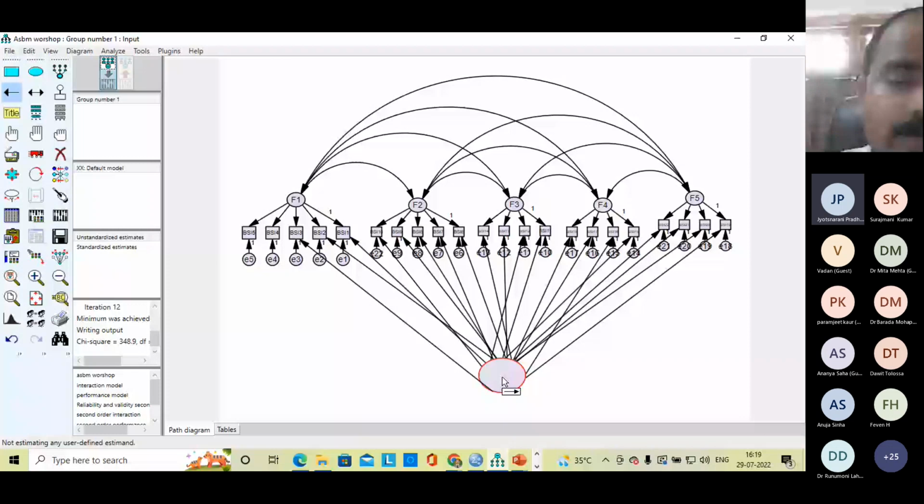At that time, it is not a problem. But whenever you are relating construct to indicator, the arrow mark should go from construct to indicator. Whenever we do structural equation modeling, the arrow mark can relate construct to construct. At that time, there is no problem. After this, I will tell you.